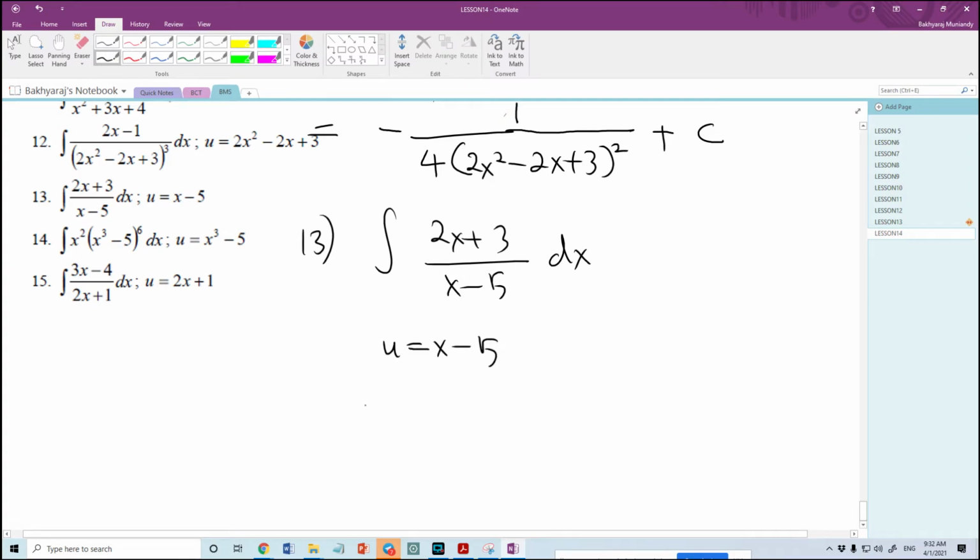Okay, so get your du. du dx equals 1, so dx is just du. Because 1 times dx is just dx, right? So dx is just du. And then we do substitution.